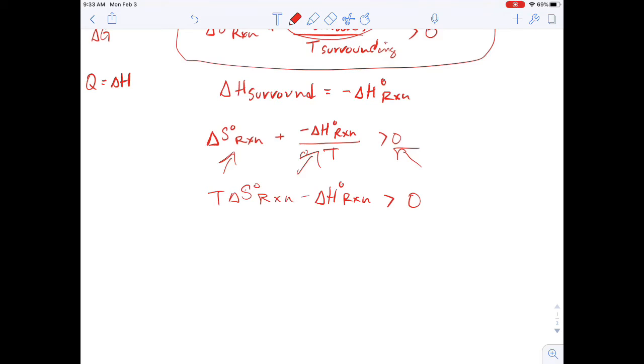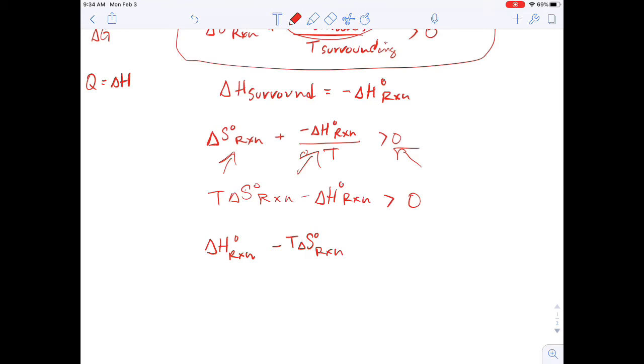But what we can do is reorder this, and what we get is the enthalpy of the reaction minus the temperature times the entropy of the reaction.